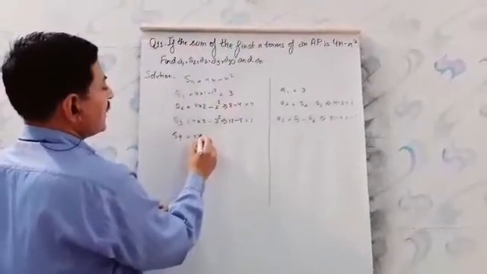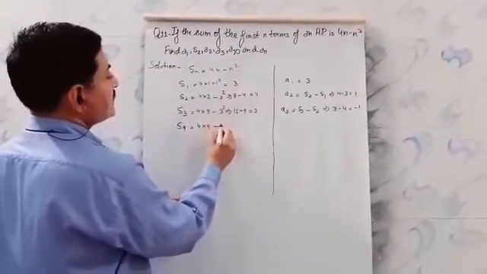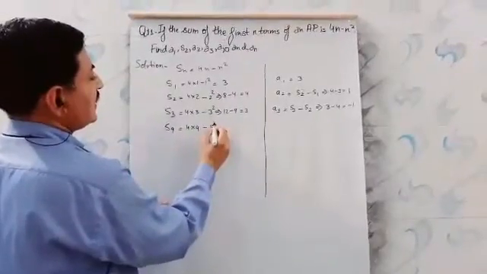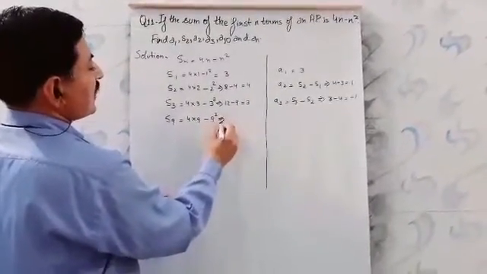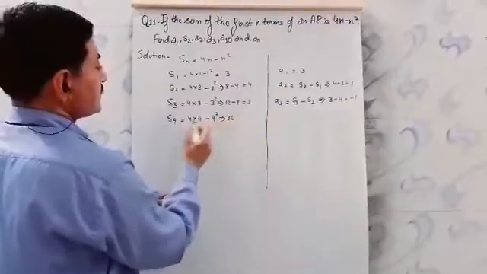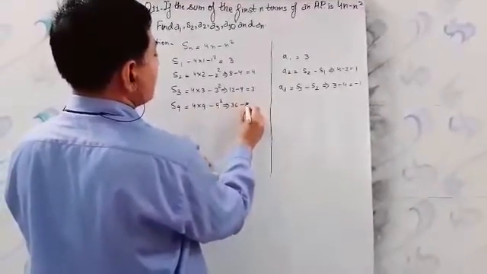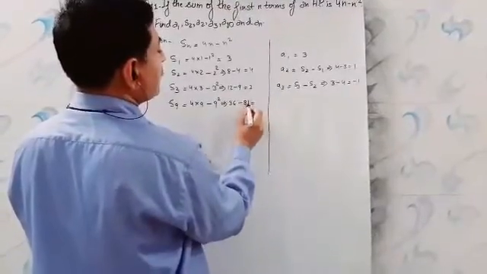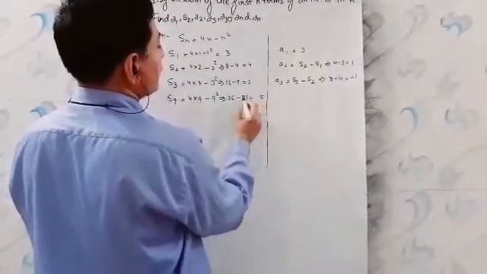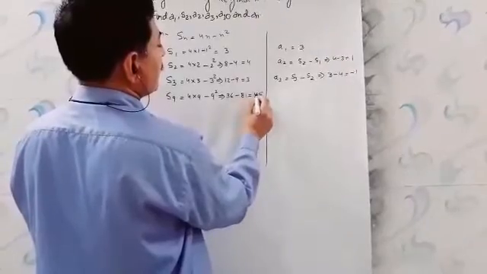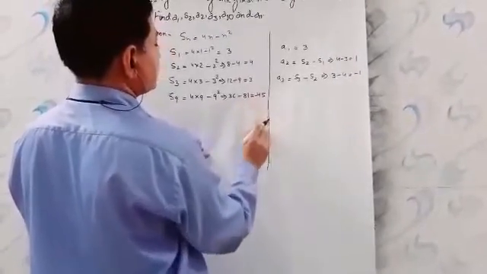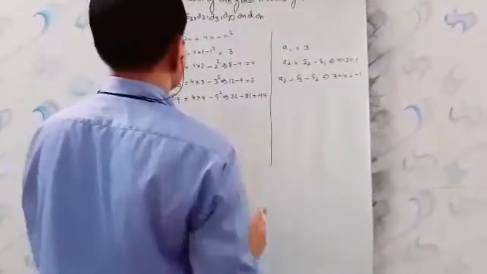So 4 into 9 minus 9 square. 4 into 9 is 36. 4n minus n square, 36 minus 81, which comes to minus 45.